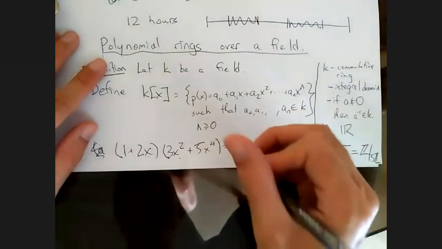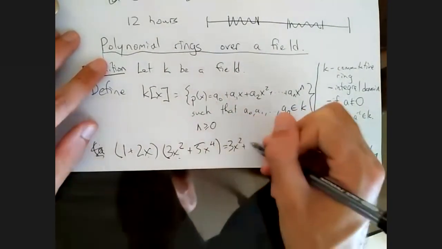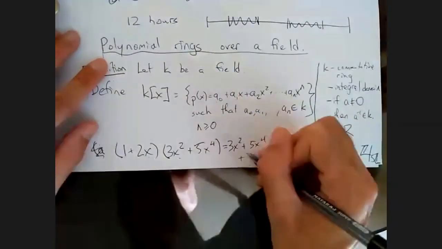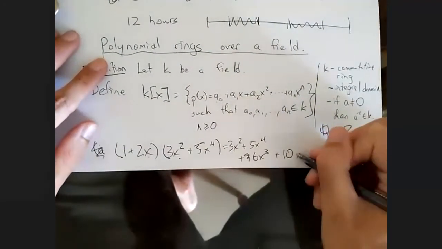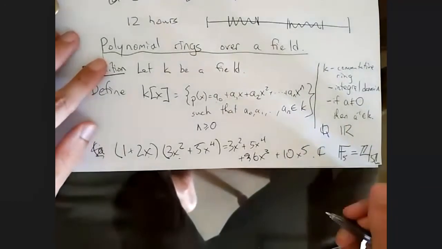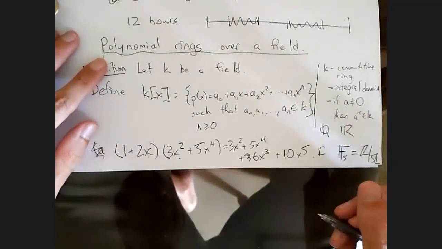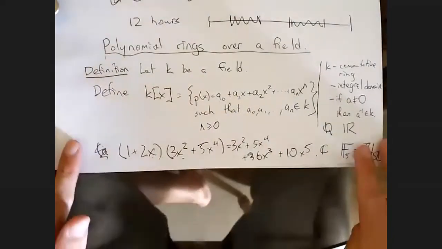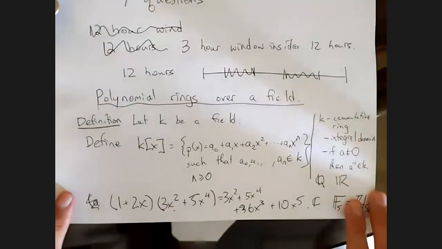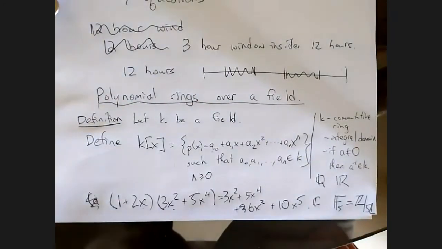If I expand it, I get 3x squared plus 5x to the fourth plus 6x cubed plus 10x to the fifth. That is just how you would naturally do it. So you define addition and multiplication, you get a ring.